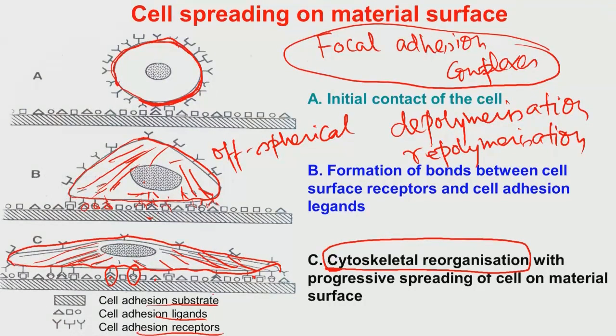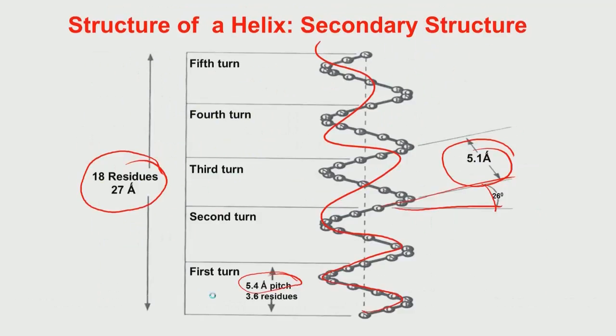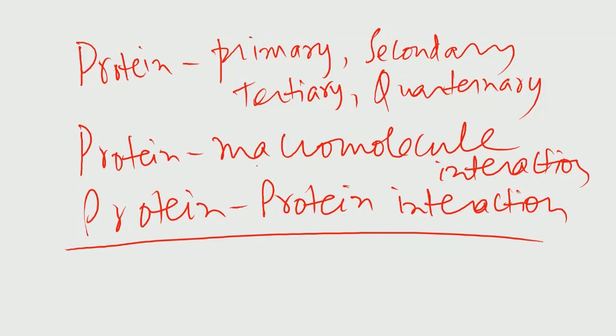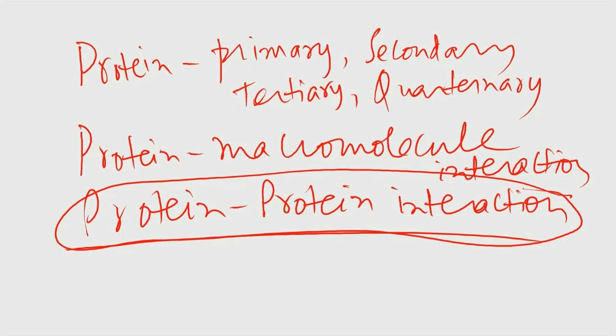Now, the moment this cell adhesion takes place on a material substrate, you have seen that protein-protein interaction plays a major role, which I have mentioned here, in the way cell material interaction takes place.